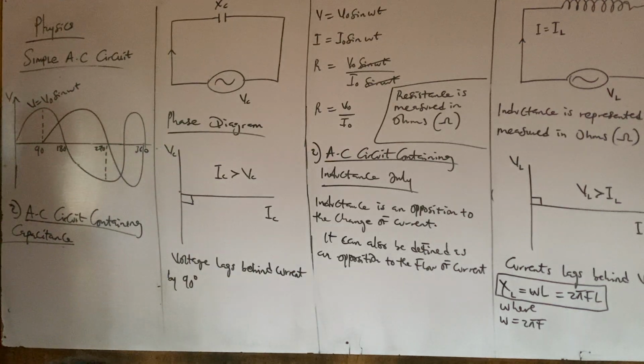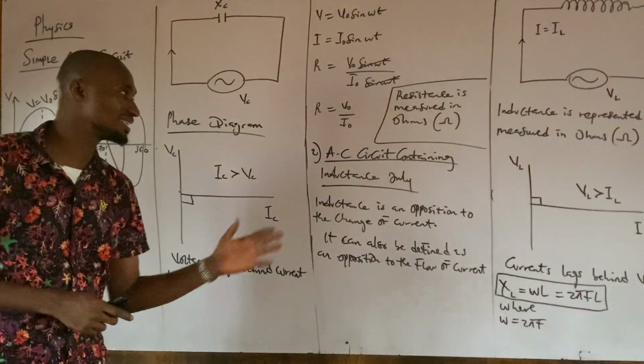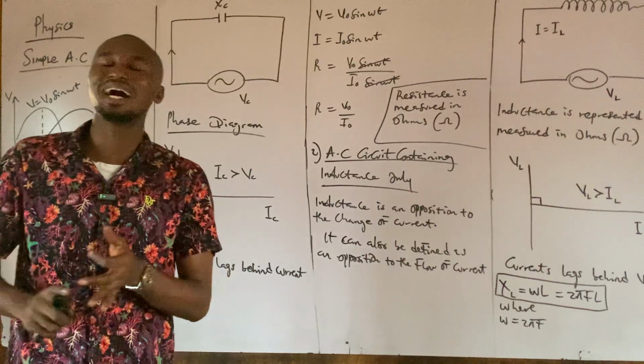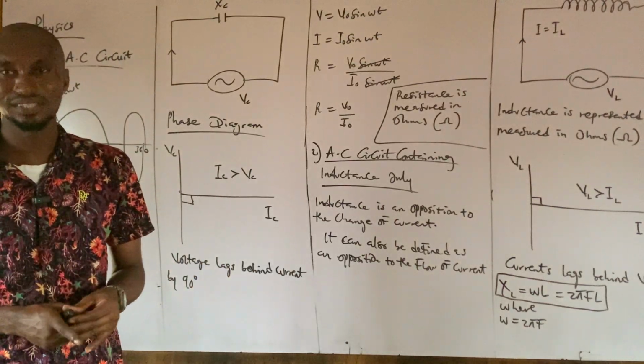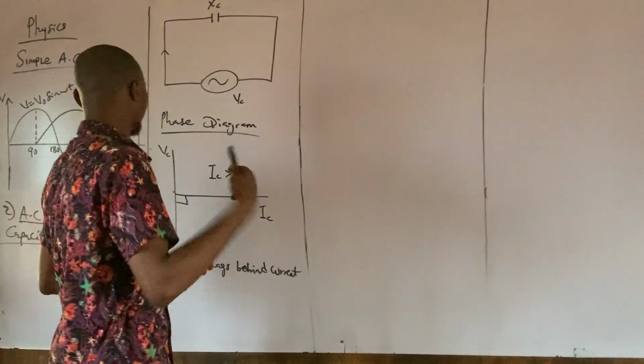By what? 90 degrees. So the next thing I want us to learn, number 3, is AC circuits containing inductance, capacitance, and resistance. Are you there?